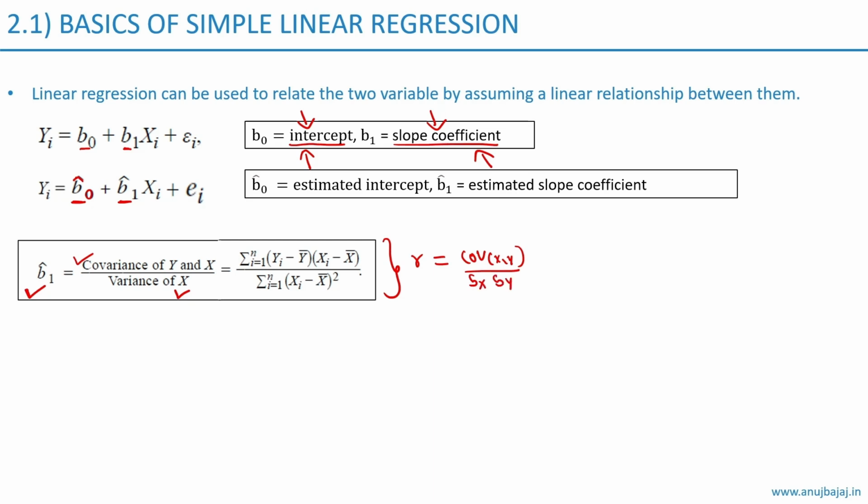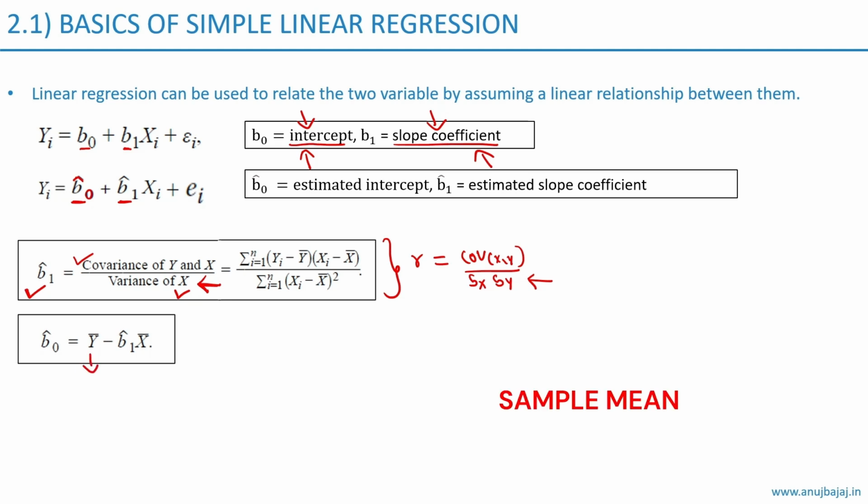The only difference is in the denominator. And this is the formula of the estimated intercept, which equals the average of the dependent variable minus b hat 1, the slope coefficient we calculated earlier, multiplied by the average of the independent variable. Going forward, we will simply refer to these as the intercept and the slope coefficient.